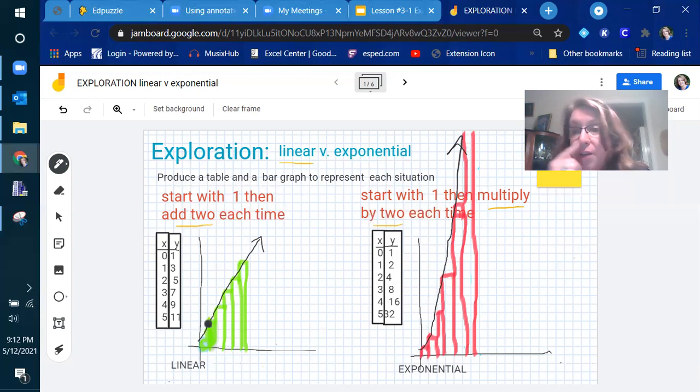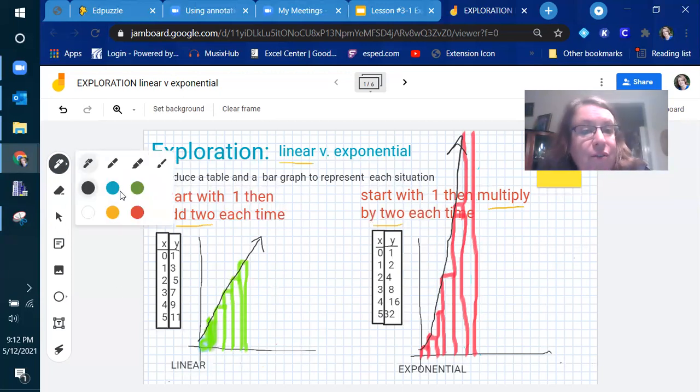And the rate of change, that's another way to say slope. So when I count over here, rise over run, 2 over 1, 2 over 1, 2 over 1. And it's constantly the same on a line. It's always the same ratio of rise to run. But over here, the ratio is going to change.